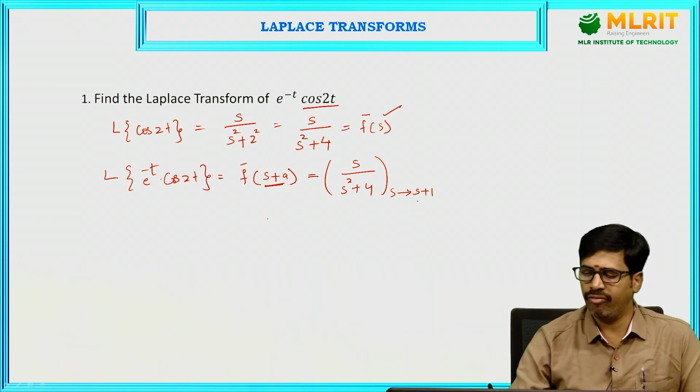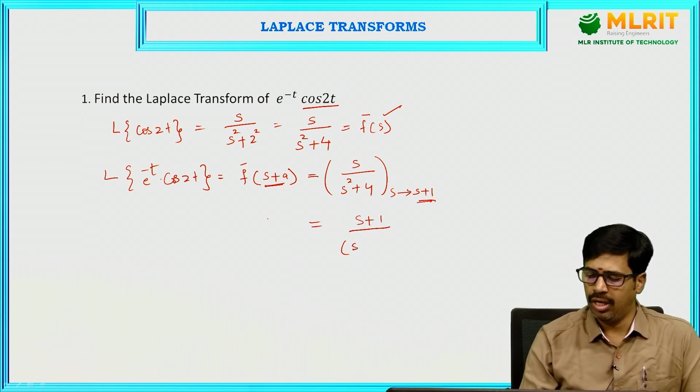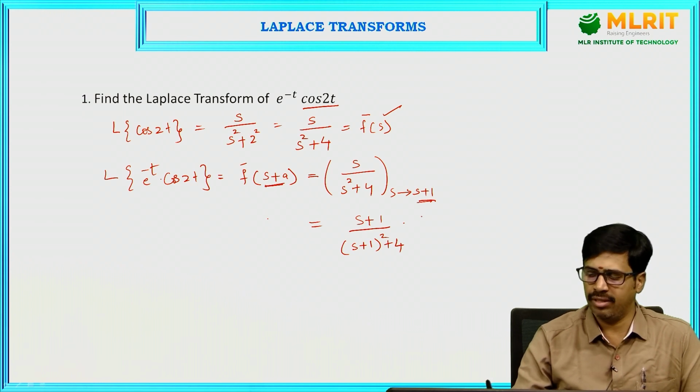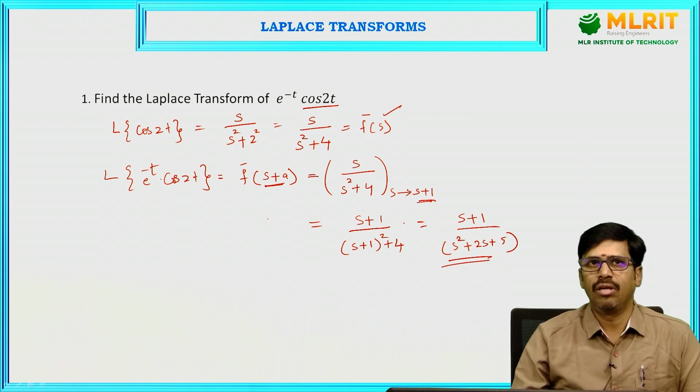So in place of s we write s plus 1. This gives (s plus 1) upon (s plus 1) whole square plus 4. If you want to expand further, this can be written as (s plus 1) upon s square plus 2s plus 5. This is the answer, right.